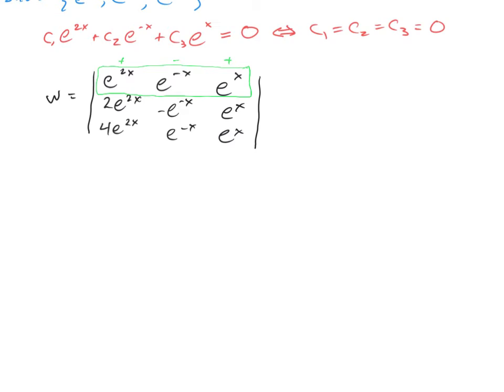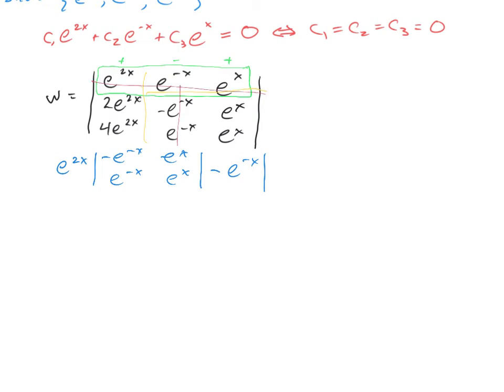So our first term is going to take our e to the 2x, and then we're going to focus on the subdeterminant created by striking out that row and that column. So that's going to be e to the 2x times negative e to the negative x, e to the negative x, e to the x, and e to the x. And then we're going to have a minus because of the sign matrix, and then we have the e to the negative x times that 2 by 2 determinant from striking out that row and that column.